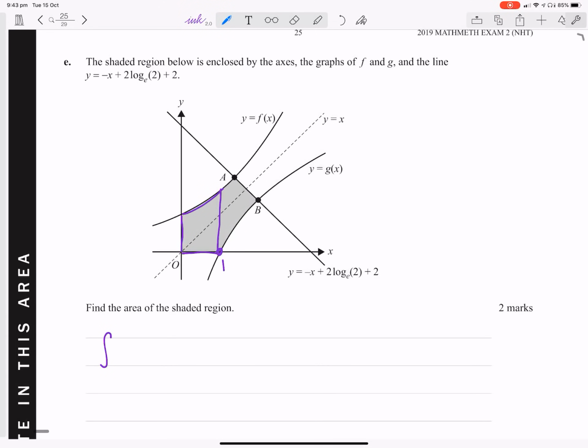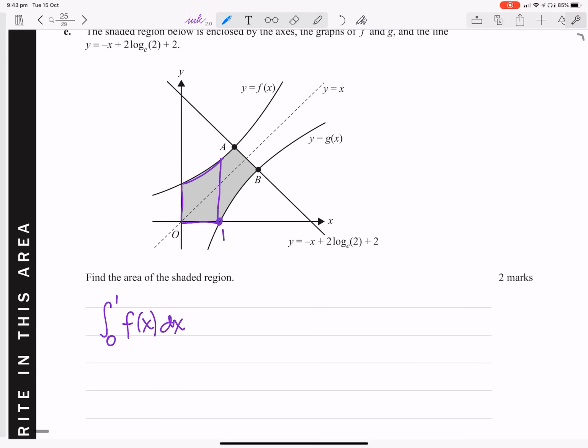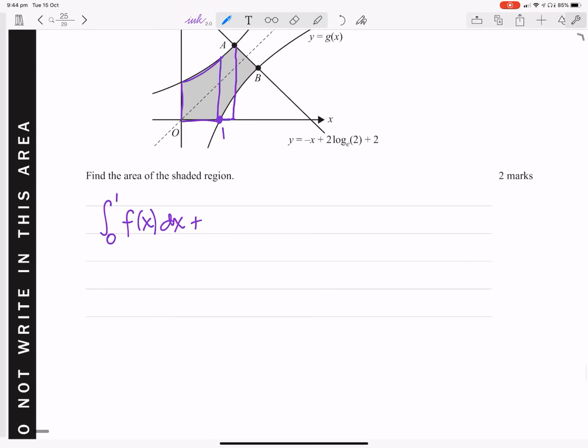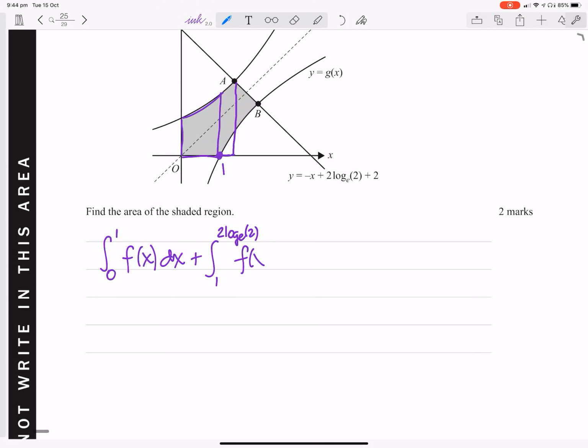So if we go from 0 to 1 of f of x dx, plus from 1 to 2 log e 2, I know it's not 0, I know it's 1. Now this time it's f of x minus g of x, because we're doing that line minus that line.